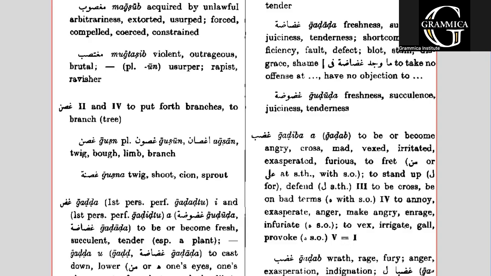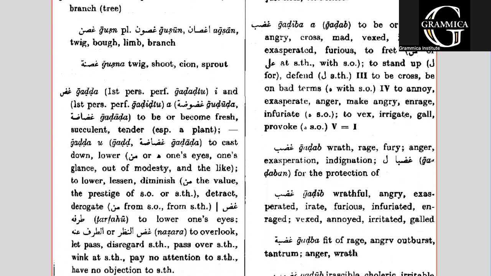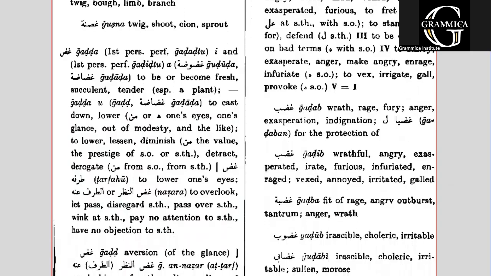If we scroll down, we can see other words that are related to the verb. These will be nouns. We have the word ghadab, which is the masdar. Here he expands on the meaning of the masdar. Ghadab means wrath, rage, fury, or anger, exasperation, indignation.